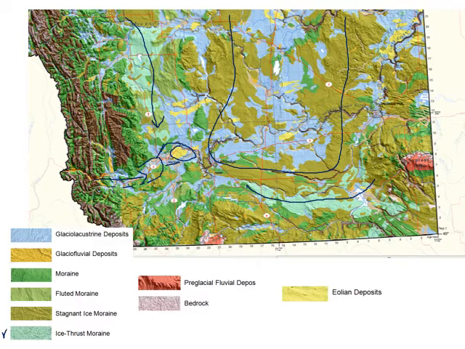But the color that you see in blue here is all the regions where the ice marginal lakes were forming the glacial lacustrine deposits. And glacial lacustrine deposits are basically lake deposits, so they're horizontal lake beds of alternating silt and clays.